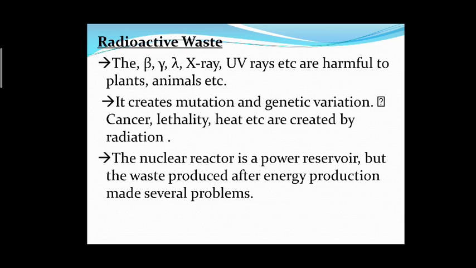The next main problem is radioactive waste, that is alpha, beta, gamma, X-ray, UV rays, etc. These are harmful to plants, animals, etc. Many of these radiations are lethal, that is, they cause death.